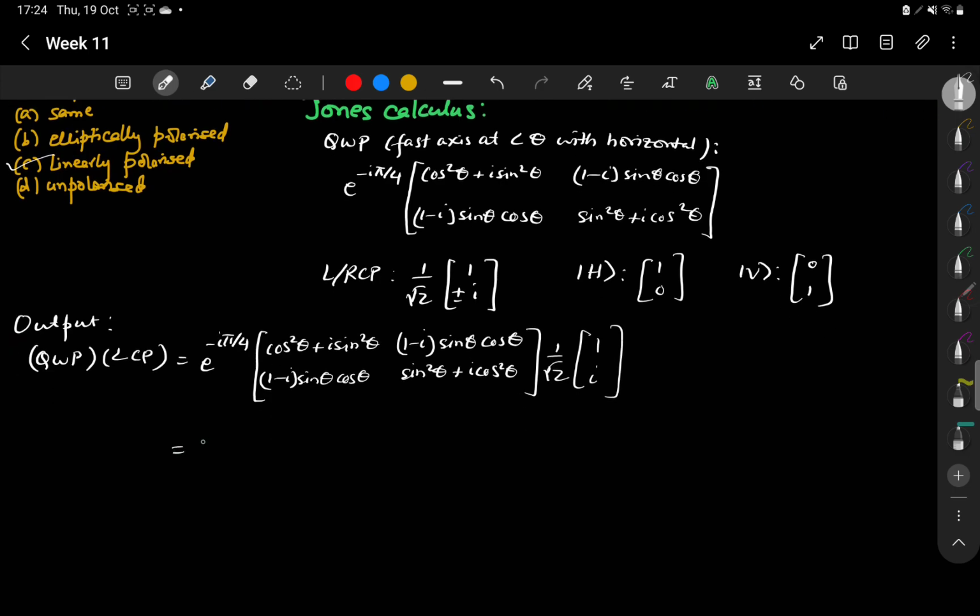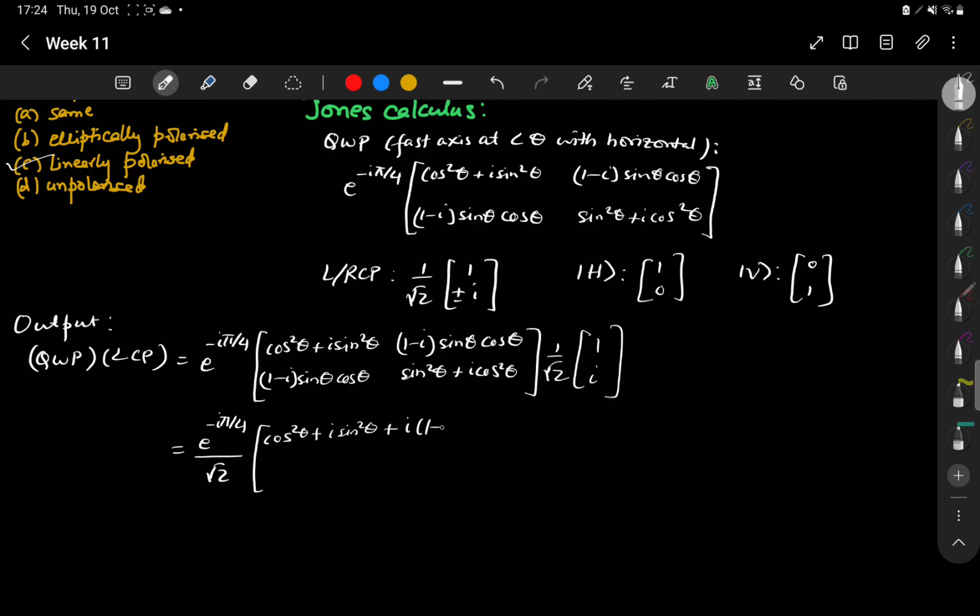Keeping these constants out, these are just constants. And we need to do now this multiplication: cos squared theta plus i sin squared theta times 1 plus i times 1 minus i sin theta cos theta.